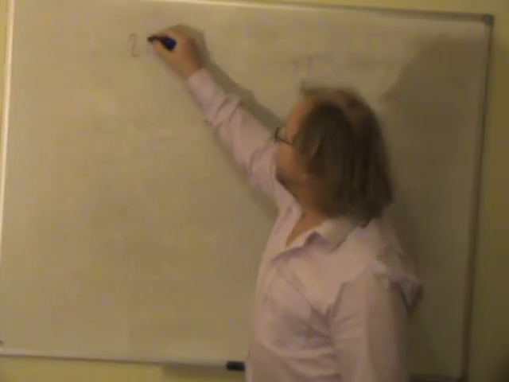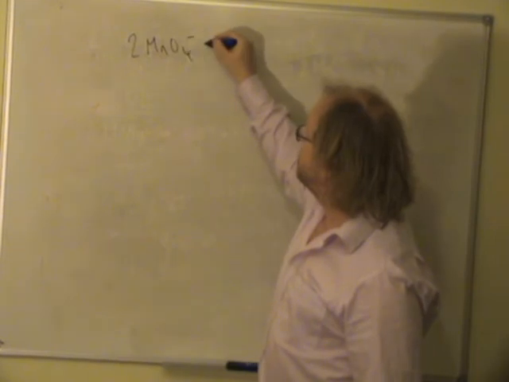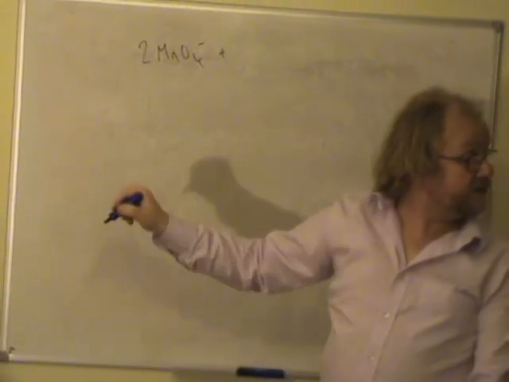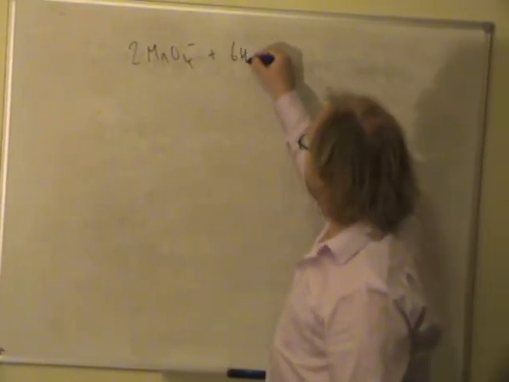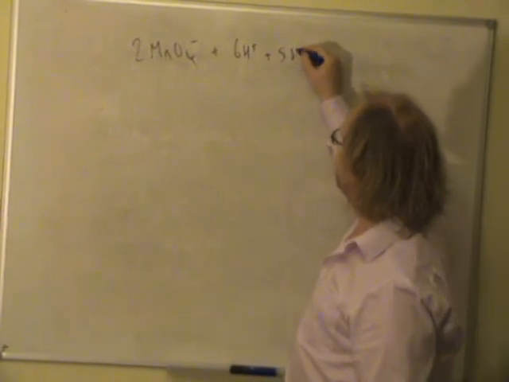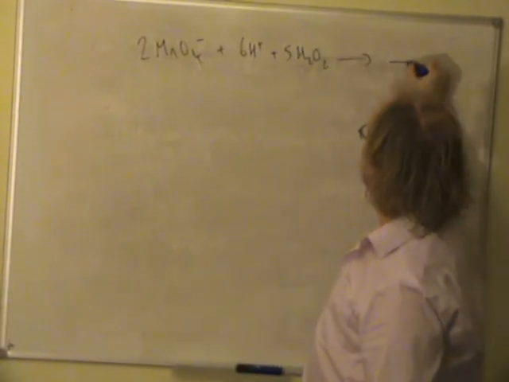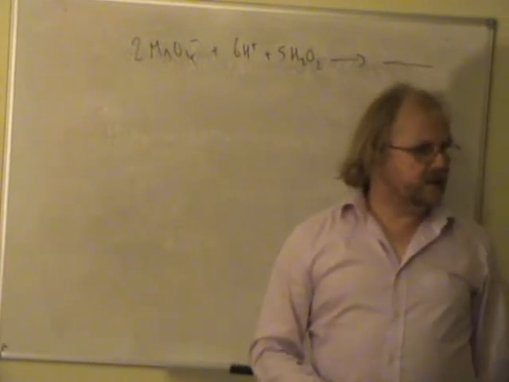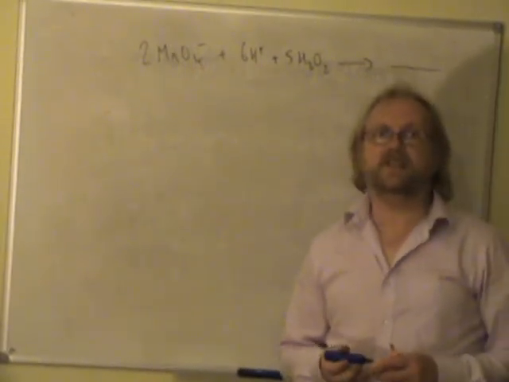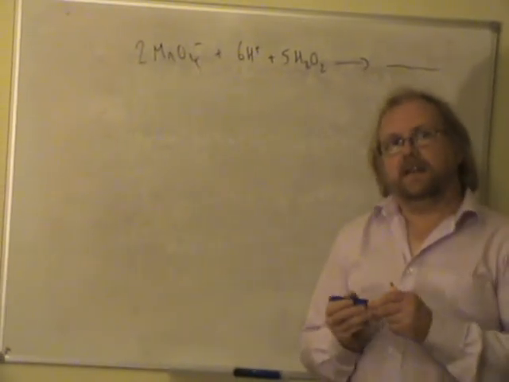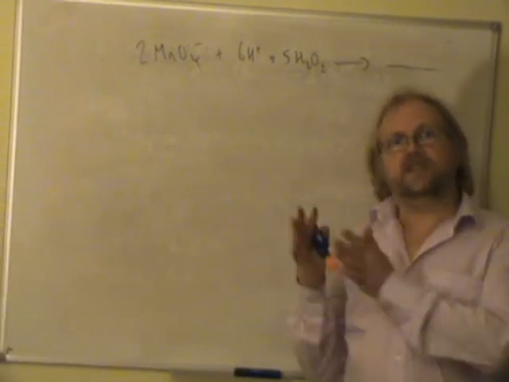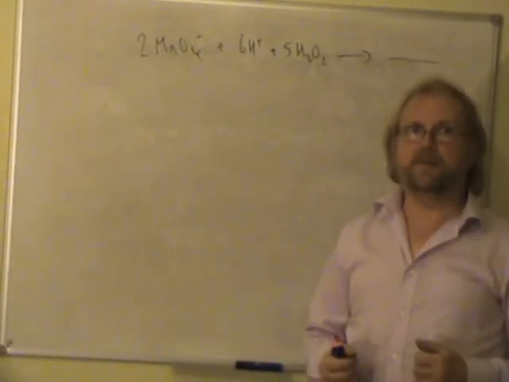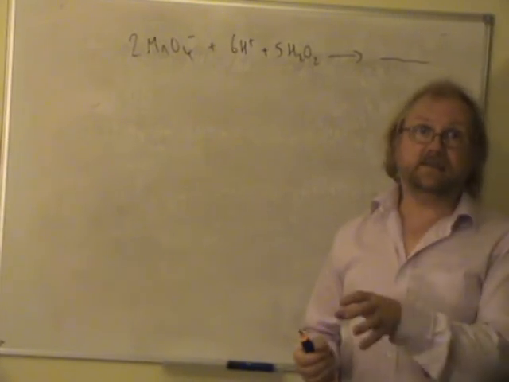So we've got 2 MnO4 minus plus 6H plus and 5 H2O2 goes to the products. So always in titration calculations, look for the substance whose concentration and volume you know, both of them, because then that can get you started.